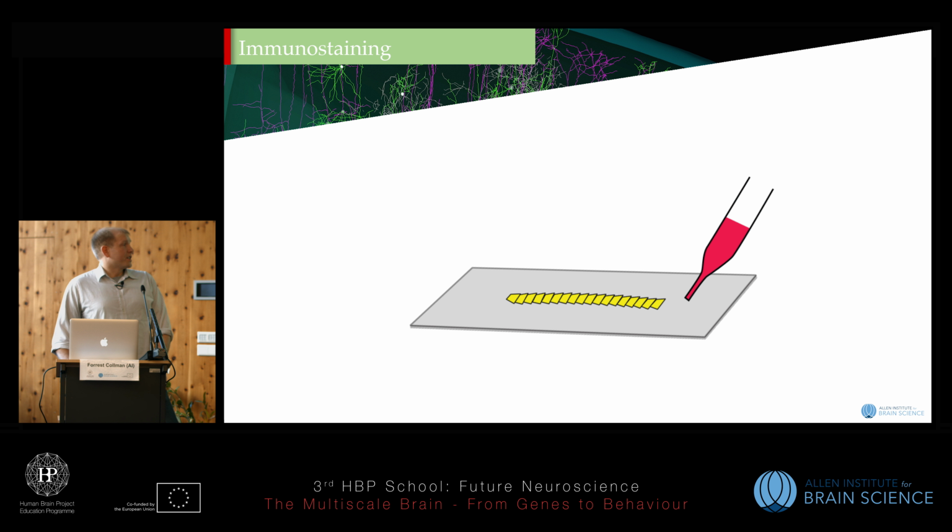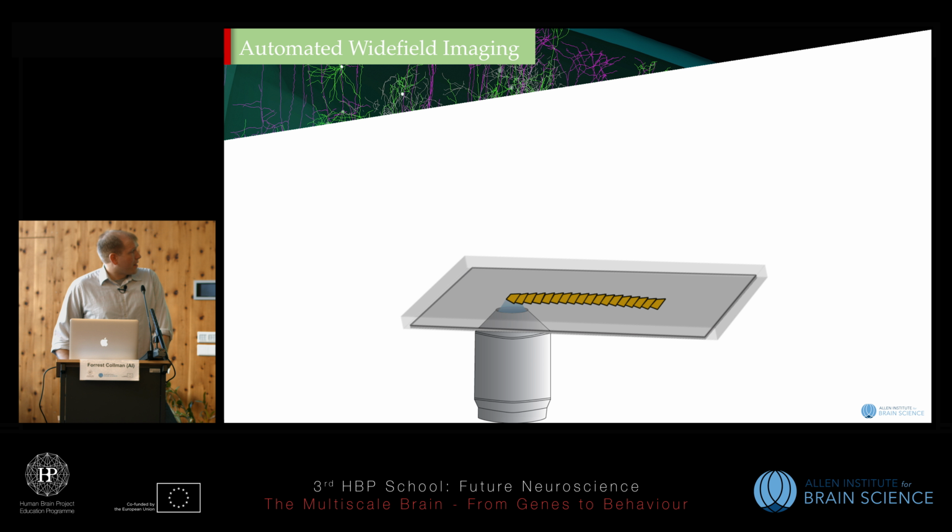With the sections on this optical cover slip, you can then perform standard secondary immunofluorescence staining to highlight different molecular elements within this sample. Of course, we're particularly interested in synapses, so we typically use synaptic markers. And then you mount the sample on an automated fluorescence microscope and image each of the sections, and then take that imagery from each of the sections and reassemble it in the computer into a coherent volume.